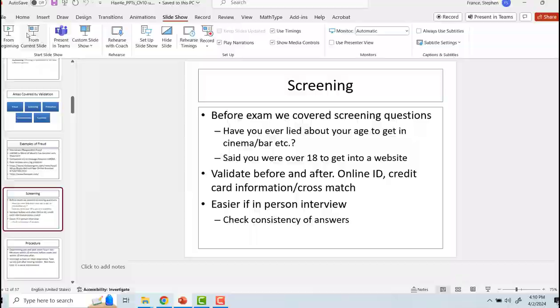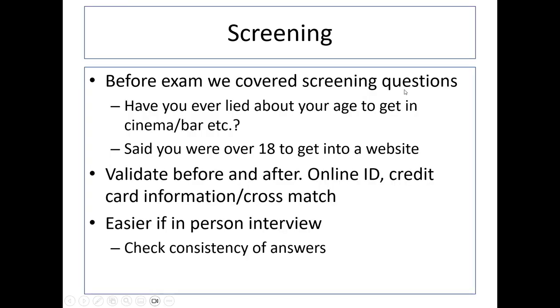Okay, so next up, screening. In the previous section we covered screening questions, but if you say, are you over 18, and if you're over 18 you can sign up for this survey and get a $70 voucher or something, people are just going to do it.